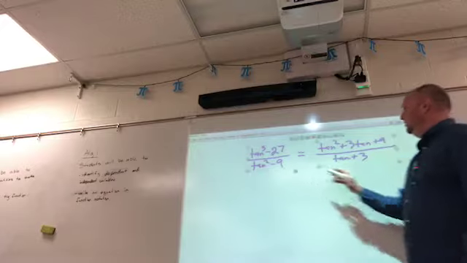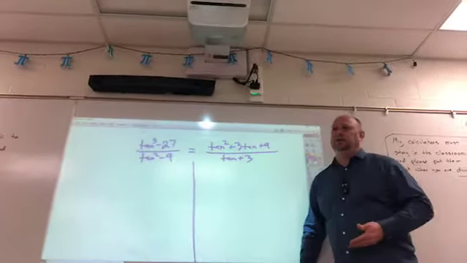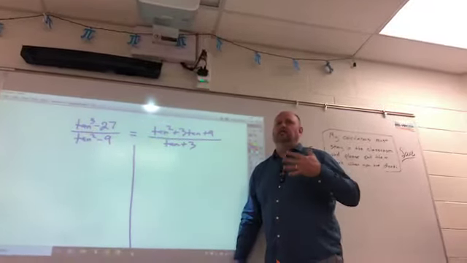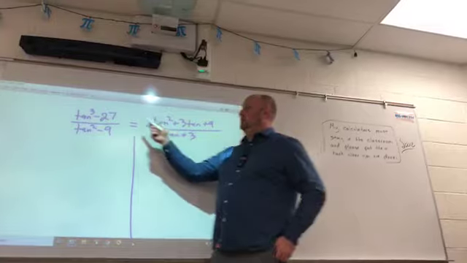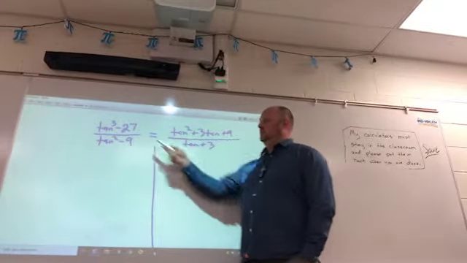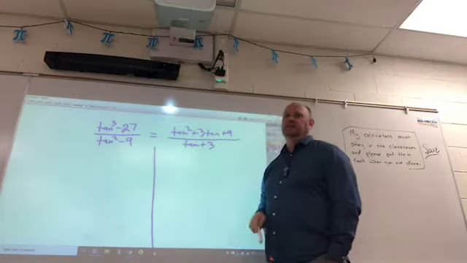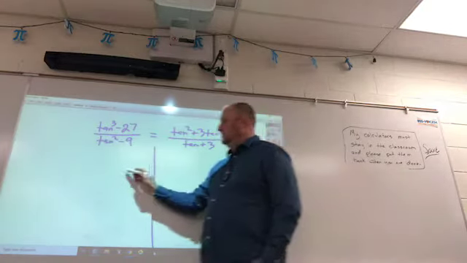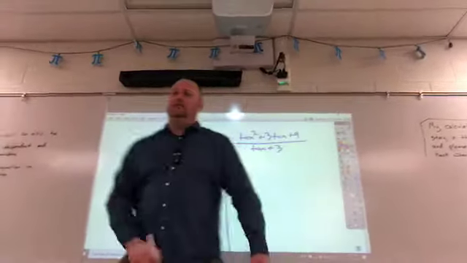Sometimes when you do these, it really is just a simplification problem. There's nothing else to do other than simplify. Now this one looks like the left side is more simplified than the right side, but because of the squares and the cubes, that's actually not simplified. So if we factor those, what does this numerator factor into?